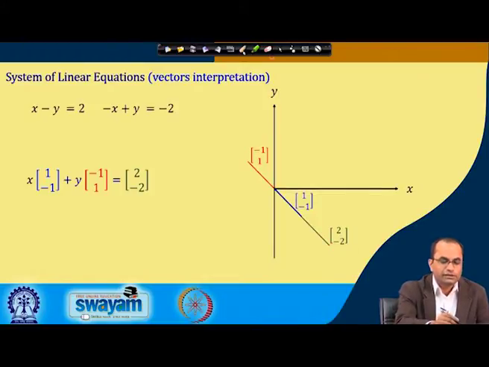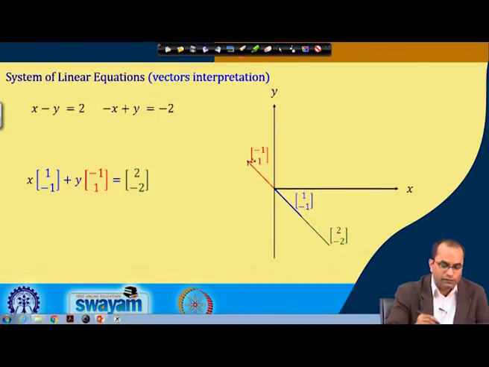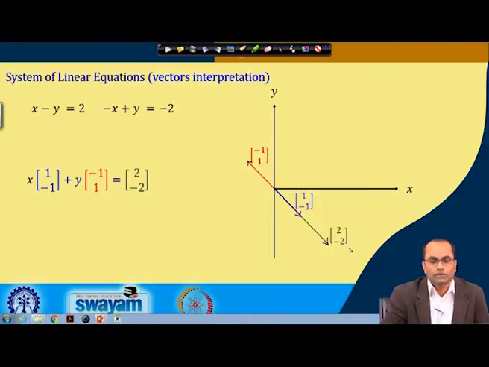So, we have these three vectors, the 1 minus 1, and then this minus 1 1, and the other vector here we have this 2 and minus 2. So, it is very clearly visible now that this vector 2 and minus 2 we can get from one of these vectors, or by linear combinations, we can multiply.